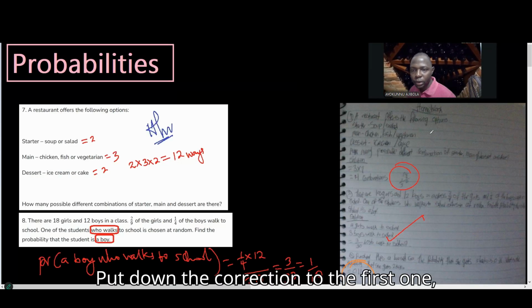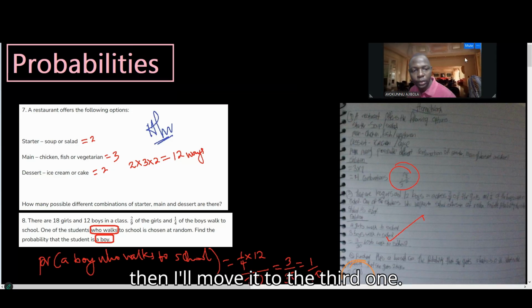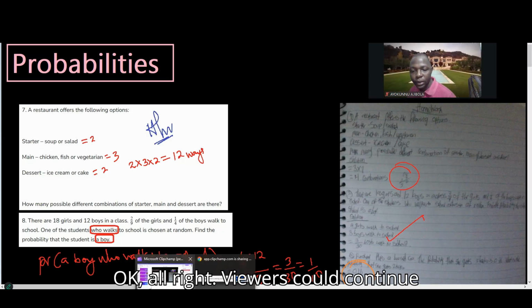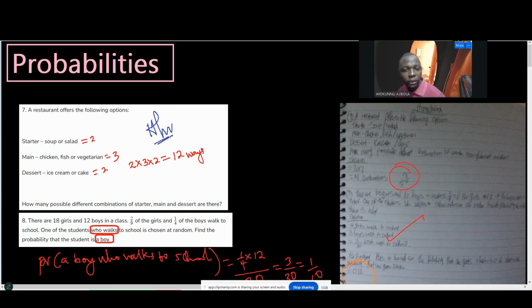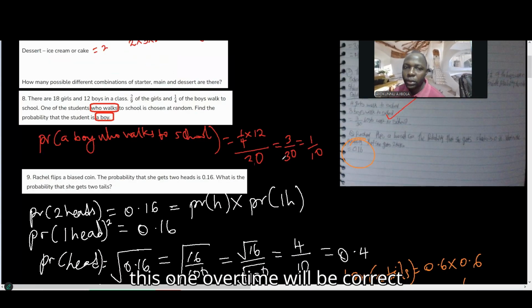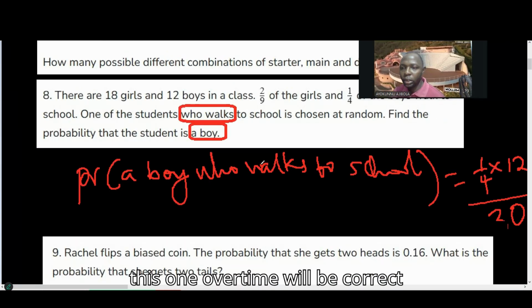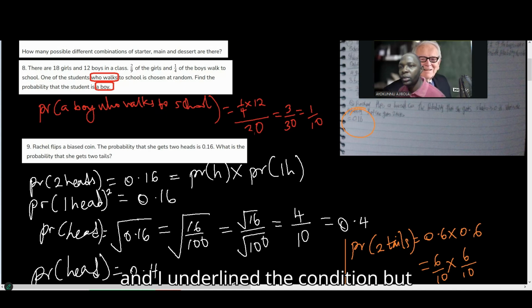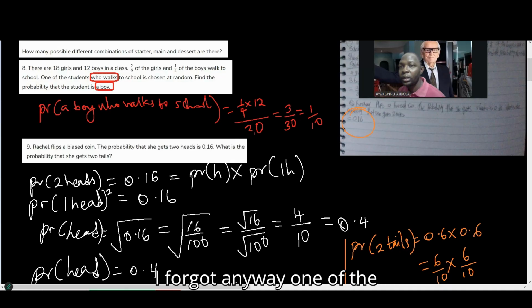Put down the correction to the first one, then I'll move to the third one. All right, viewers, we'll continue shortly. I noticed in the second question, this 1 over 10 will be correct only if there was no condition. I underlined the condition, but I forgot anyway.